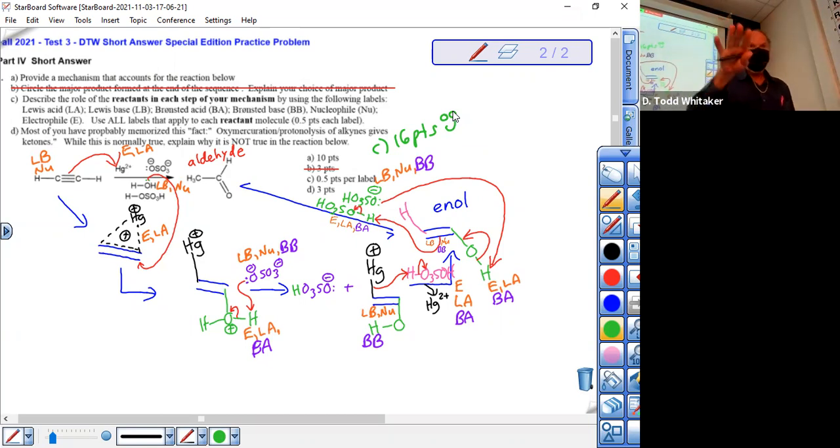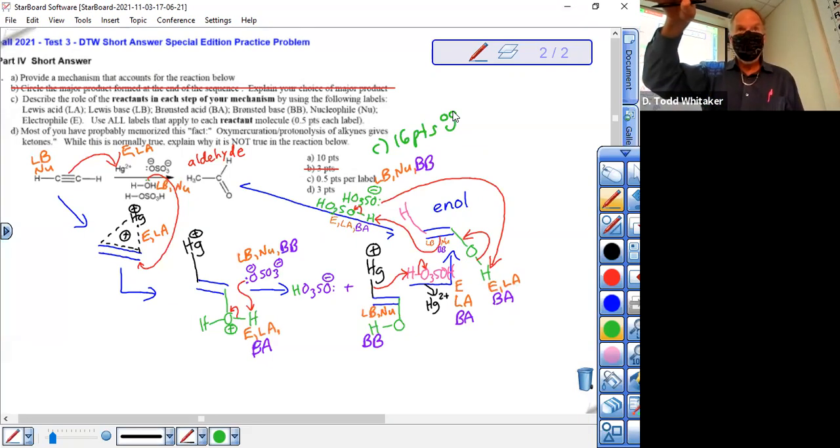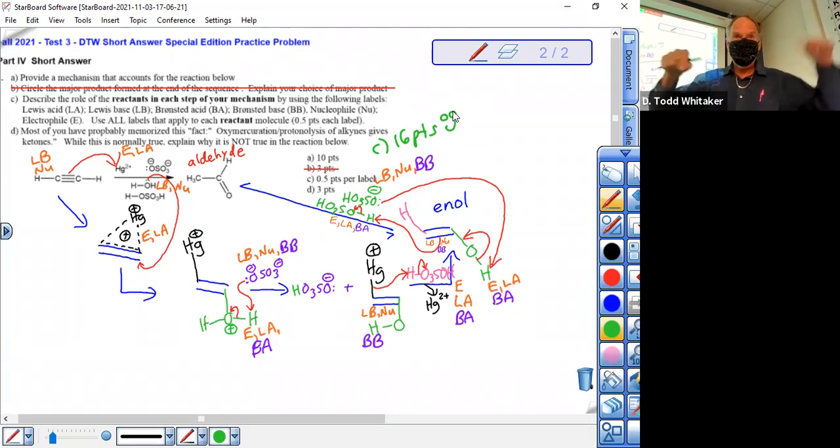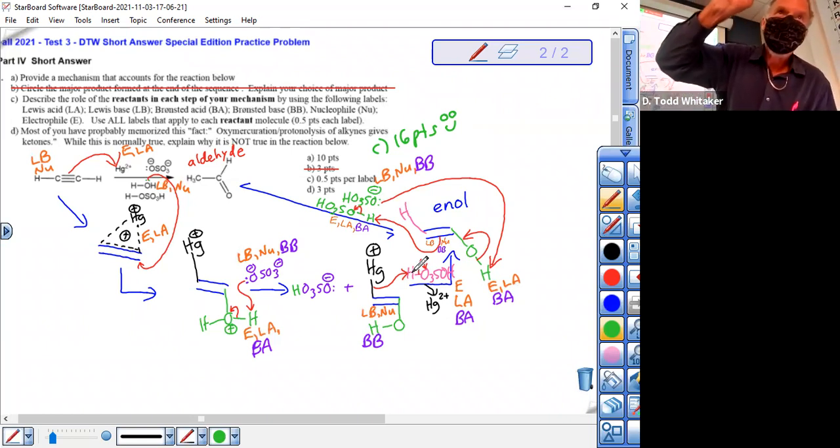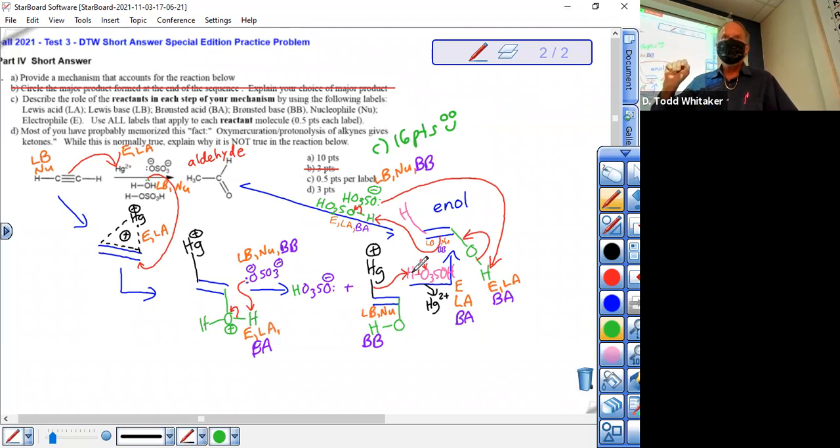But for keeping track of what you need to know, it's important because you're a college student. So for your knowledge base right now, protonolysis happens right in this step right here. That's called protonolysis. And with hydroboration in the presence of acetic acid to make a cis-alkene, there was a protonolysis using acetic acid in that one.